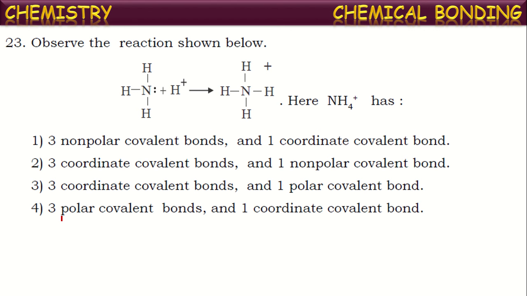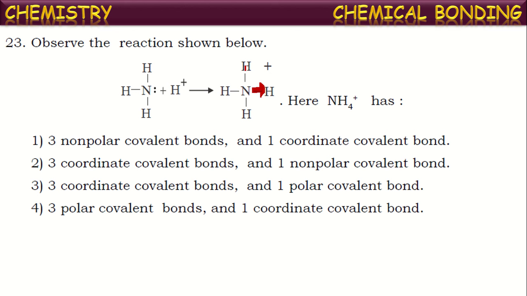Observe the reaction shown below. Ammonia and H plus ion combine together to form ammonium ion. What kind of bonds does NH4 plus have? If you observe, initially in the ammonia molecule, one nitrogen is combined with three hydrogen atoms with three covalent bonds. When it combines with the H plus ion, it newly forms a dative bond.